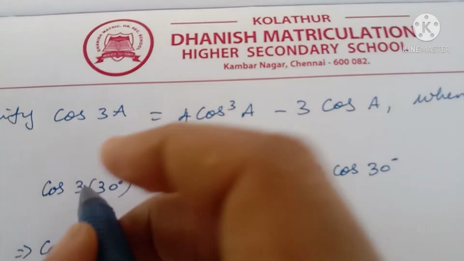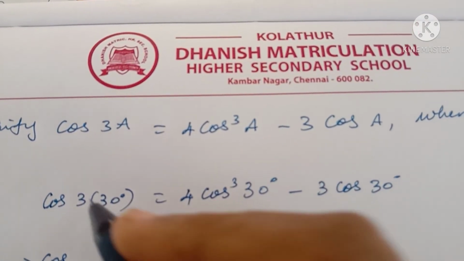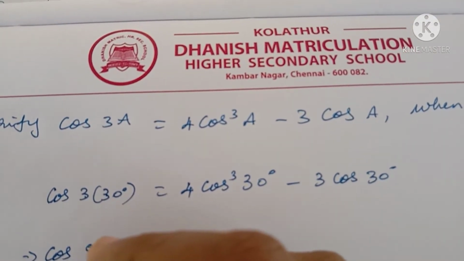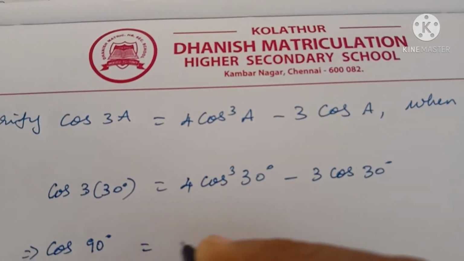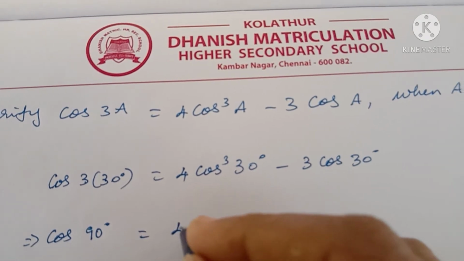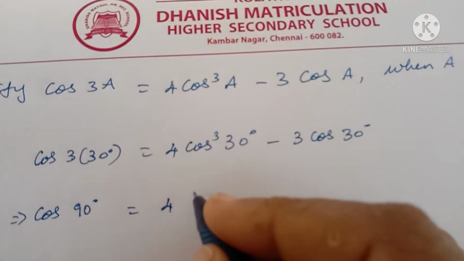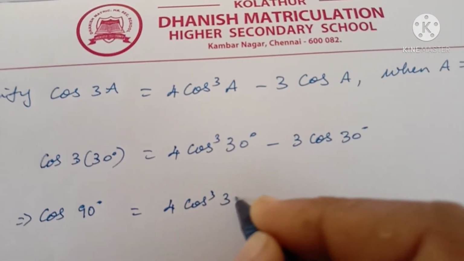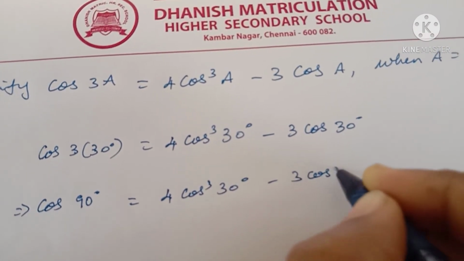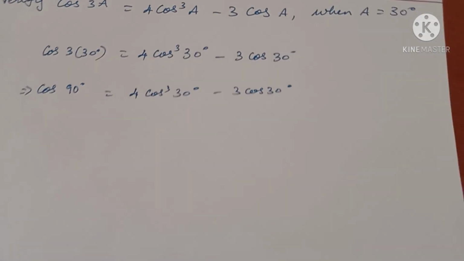So cos 3 into 3 is 9, and 0, 90 degree equal to 4 cos cube 30 degree minus 3 cos 30 degree.